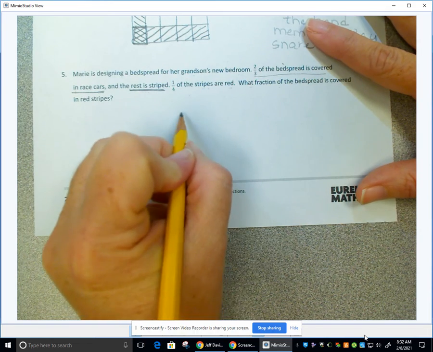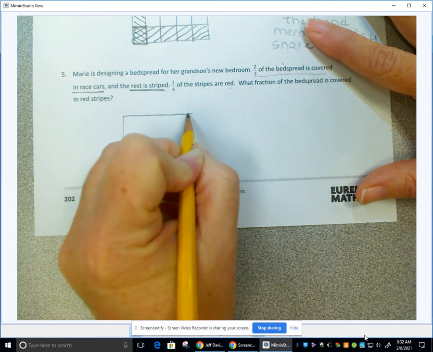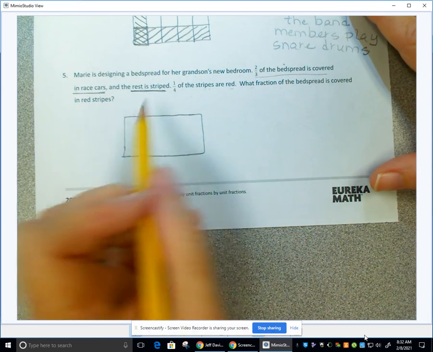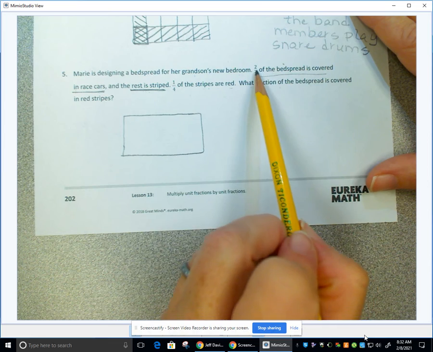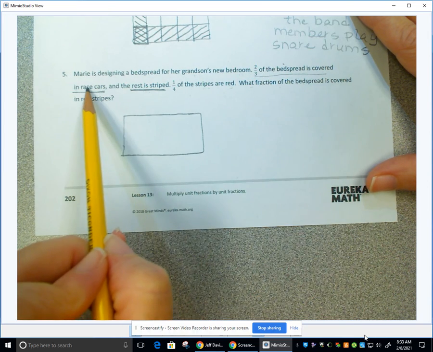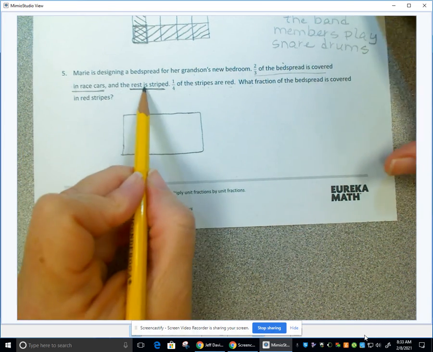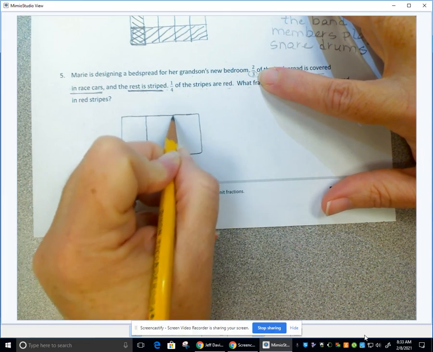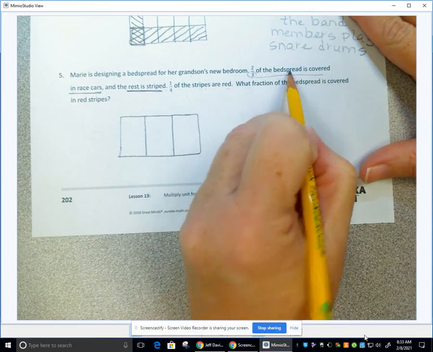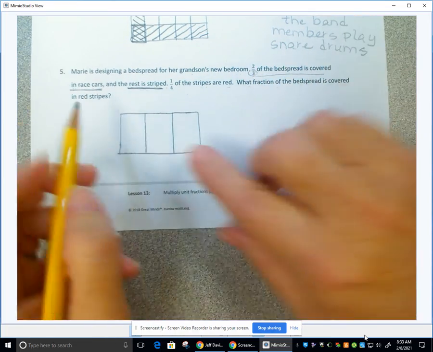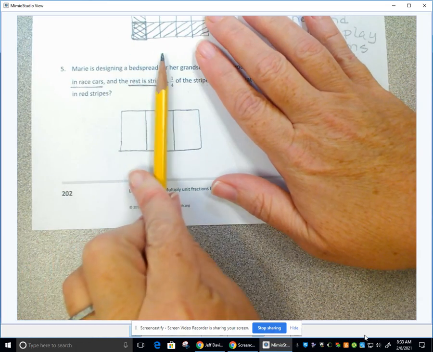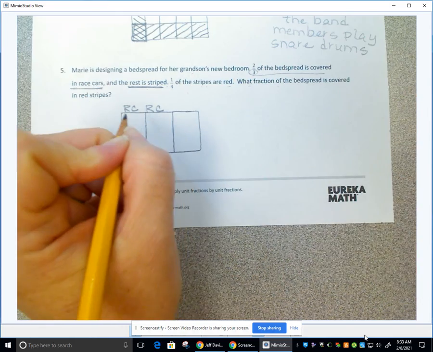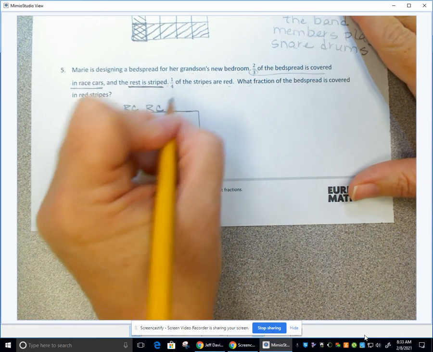All right. Let's draw this area model. And they're telling me 2/3 of the bedspread is covered in race cars, and the rest is striped. So I know I want it in thirds. It says 2/3 is covered in race cars. So that means this one and this one would be race cars, and the rest is striped.